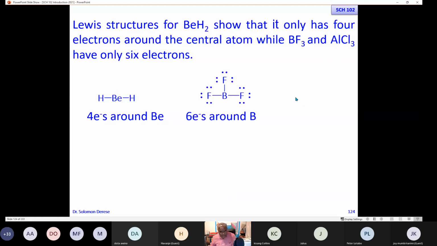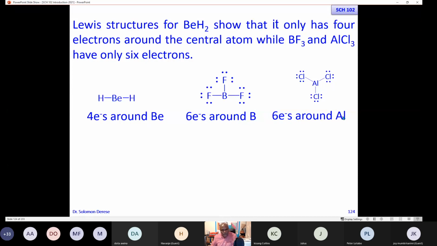So if you look at these molecules, around the boron or the aluminum, we can only have 6 electrons around them. 6 electrons around the boron, 6 electrons around the aluminum.